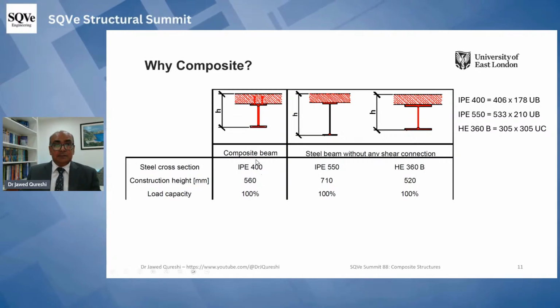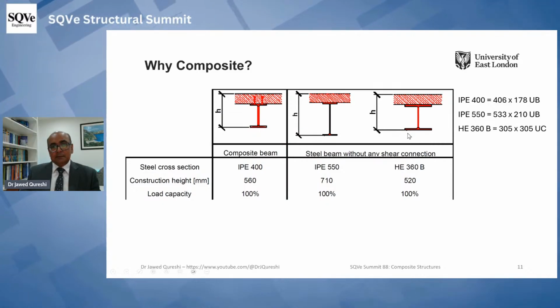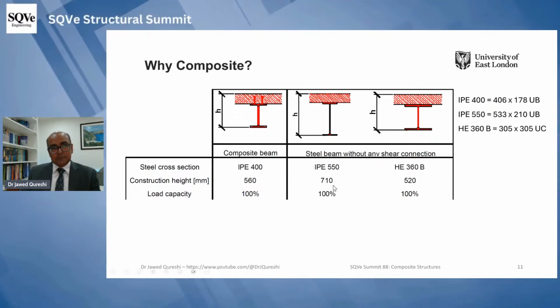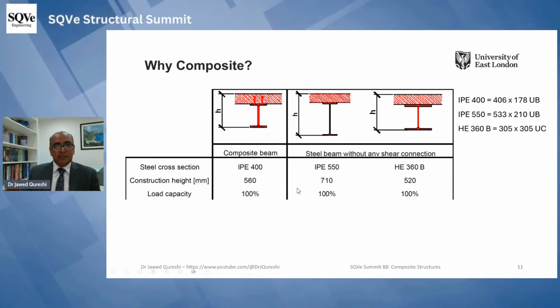Now, these are three examples: a composite beam with a 406 by 178 universal beam, and second, non-composite beams. Here we have 533 by 210 and 305 by 305. This is a column section. Now all these sections have the same loading capacity, and construction height, you can see, is 560 over here, and in case of non-composite it's 710.